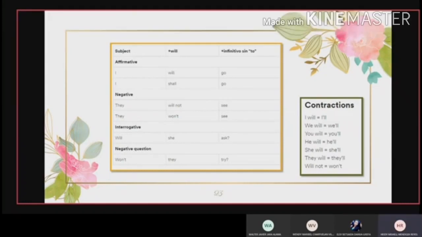Future perfect. The future perfect is composed of two elements: the simple future of the verb to have, will have, plus the past participle of the main verb. It is a verb tense used for an action that will be completed before some other point in the future.